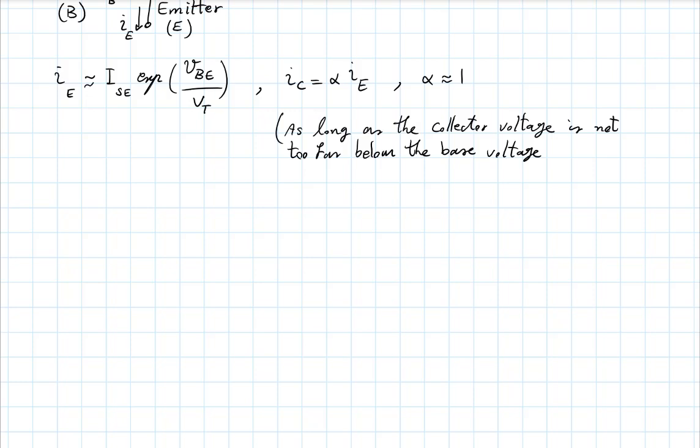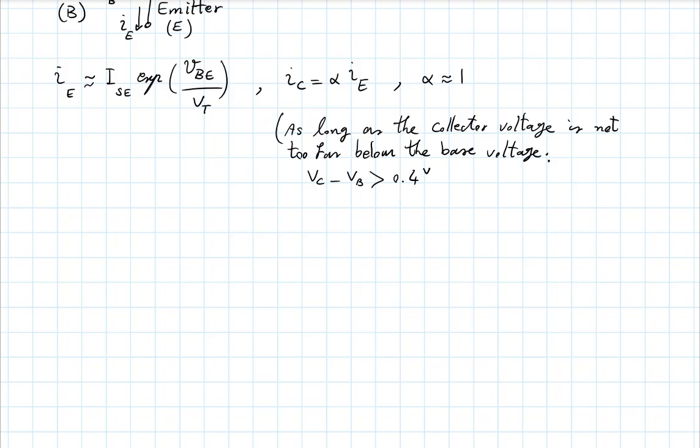If you wanted to quantify it, as long as VC minus VB is greater than, let's say, 0.4 volts.